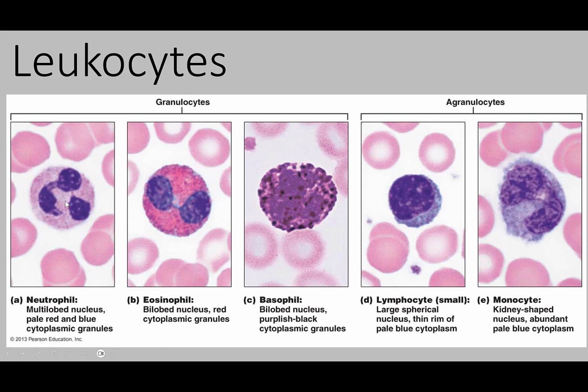And over on the left, we have something called a neutrophil. Neutrophils, when we look at them under a microscope, down here it says they have pale red and blue cytoplasmic granules. Now that's true, but when we look at them through a microscope, it's really hard to distinguish the pale red and blue granules.